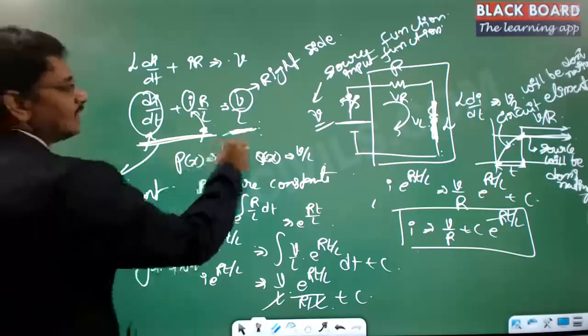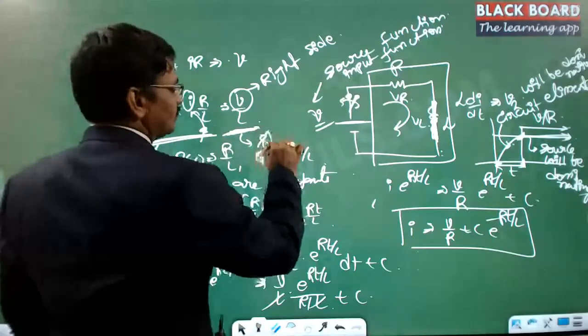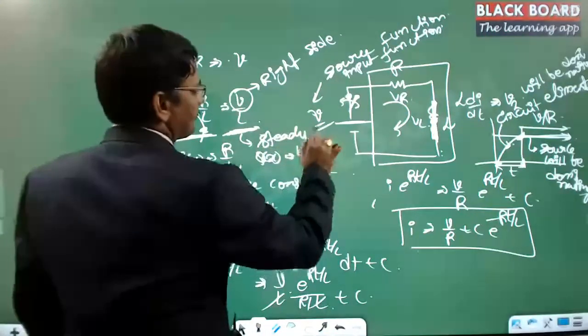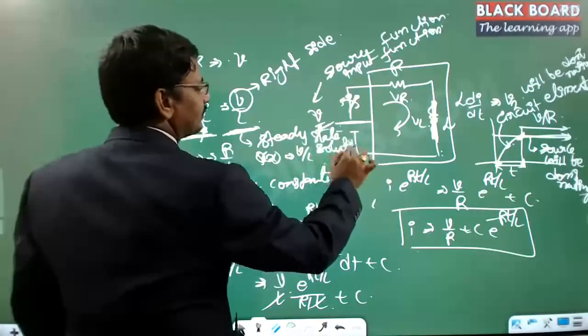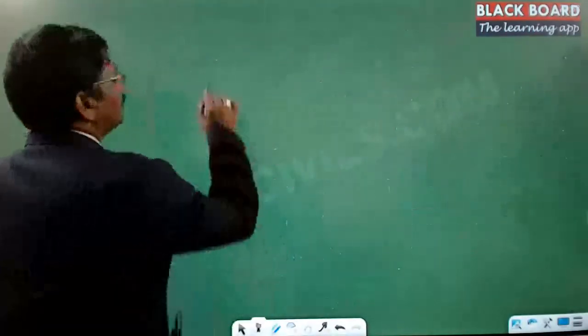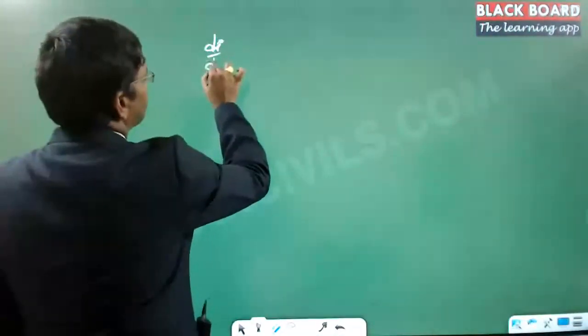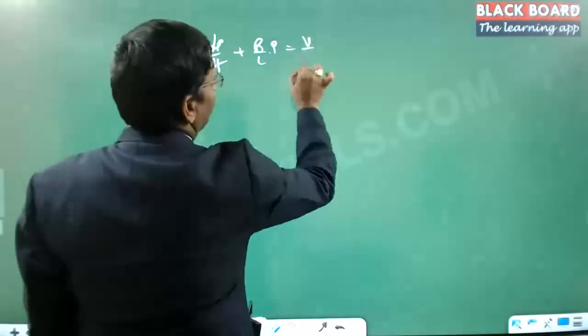Right? And the right side portion is what gives the final value. So this is what we call the steady state solution. I'll put it in the next slide. That is, di by dt plus r by l into I is equal to v by l.